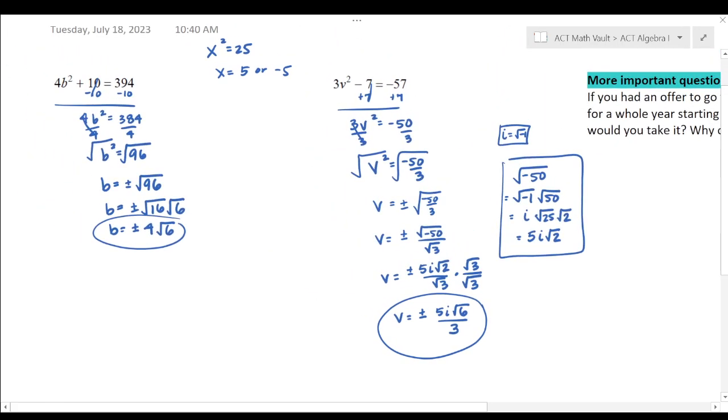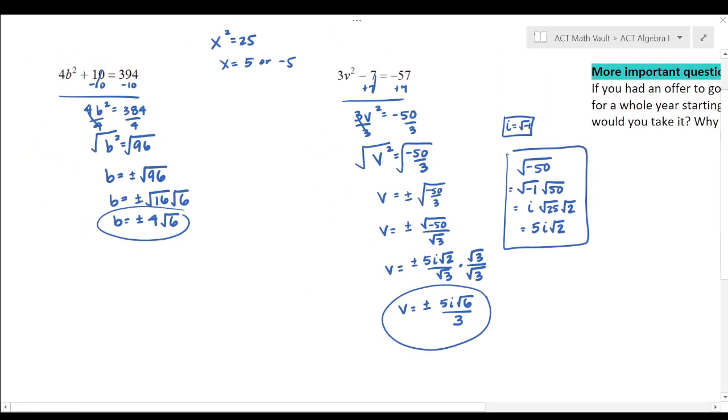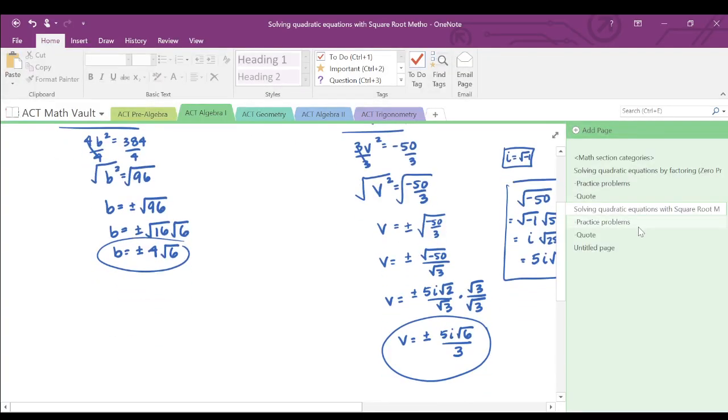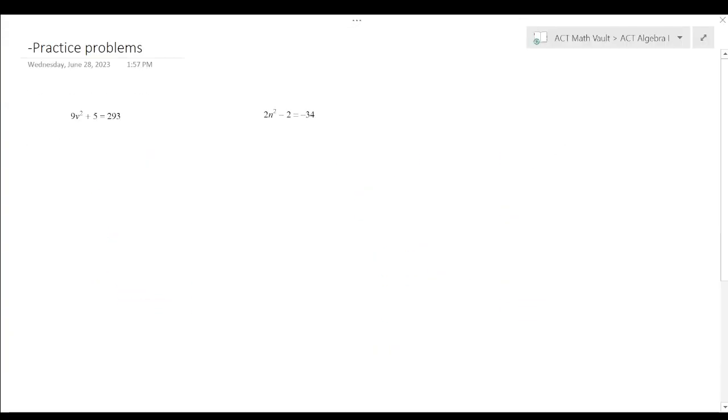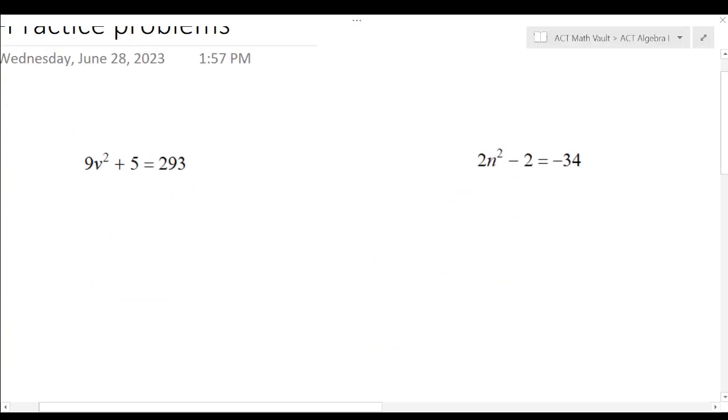It had lots of layers to it. You can see that that's as hard as you get typically with square roots, for a possible ACT question. And the first one is significantly easier. Now, if you want to practice one of each, one that has the imaginary, one that doesn't, try these two.